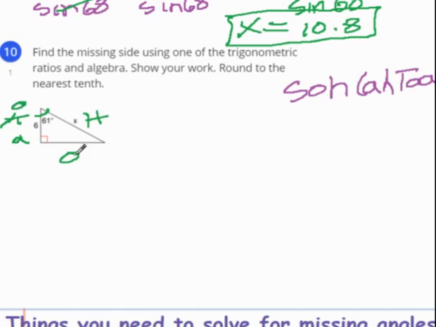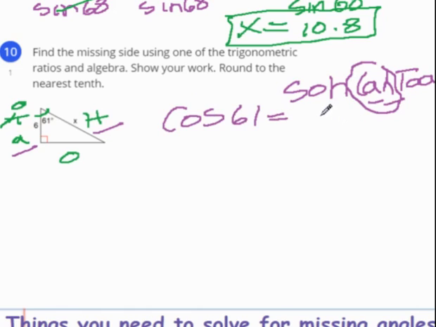There's no opposite side, so there's only adjacent and hypotenuse. What trig ratio only uses adjacent and hypotenuse? Look at that. It's cosine. So cosine of that angle 61 equals the adjacent side over the hypotenuse side.